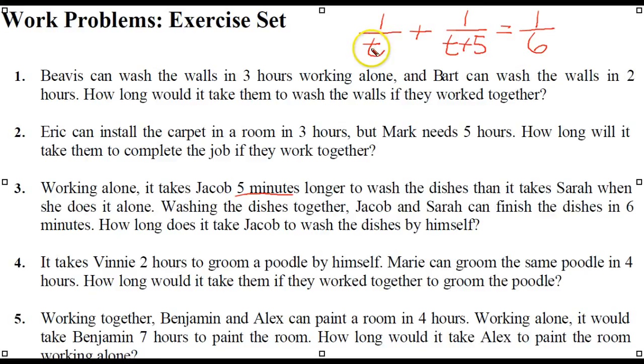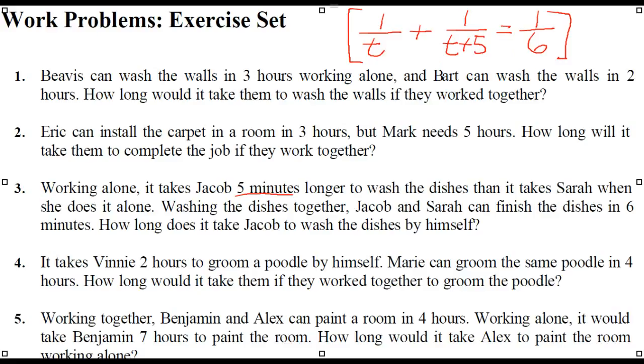We don't know what this rate is, but we know this person's rate is 5 minutes longer. Okay, so there's our equation. And for this, you might say, what is my lowest common denominator? So again, these are a little more challenging.